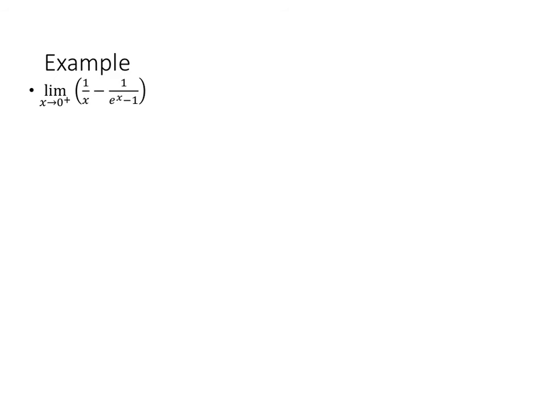Now, we want to try to use L'Hopital's rule, but as in the last example, we need to remember that L'Hopital's rule only applies to quotients, not differences of quotients. So we need to somehow cook up a way to take this expression and turn it into a single quotient. And probably the best way that we can do that is just add this fraction here, find a common denominator and add the fraction.